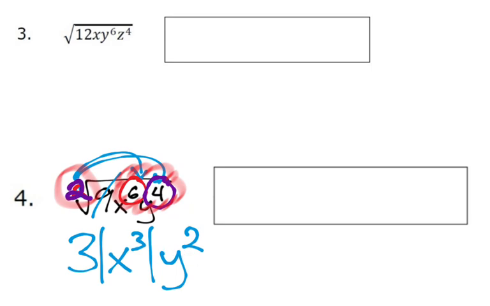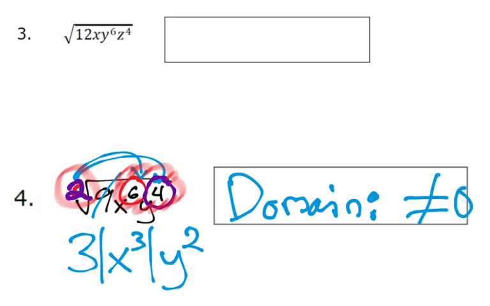I know that sounds tricky, but hey, try to stay with me. The domain restrictions. We did not have a fraction problem, so there is nothing about the domain not being equal to 0. We didn't have a denominator in this particular problem. And we do have an even index, and underneath the radical sign, there wasn't anything left over.